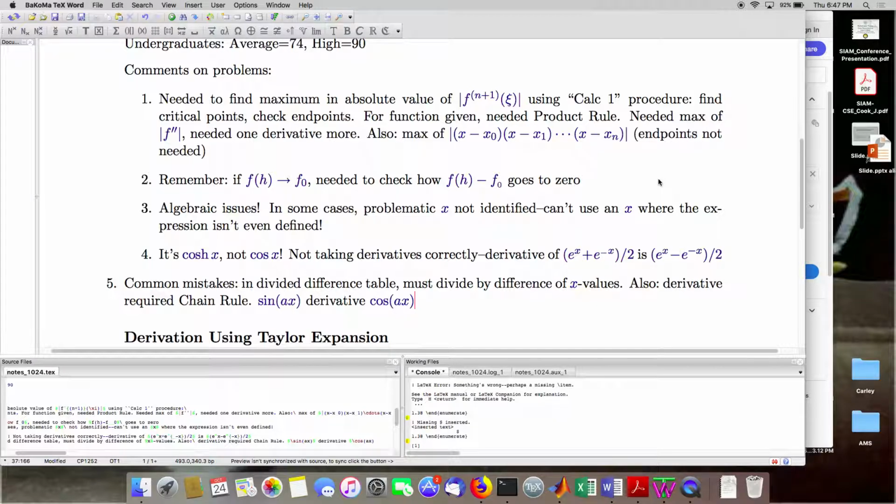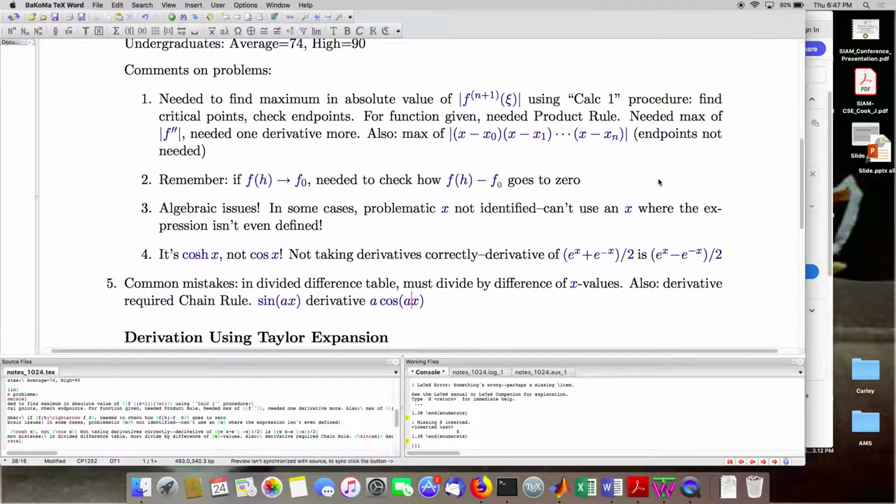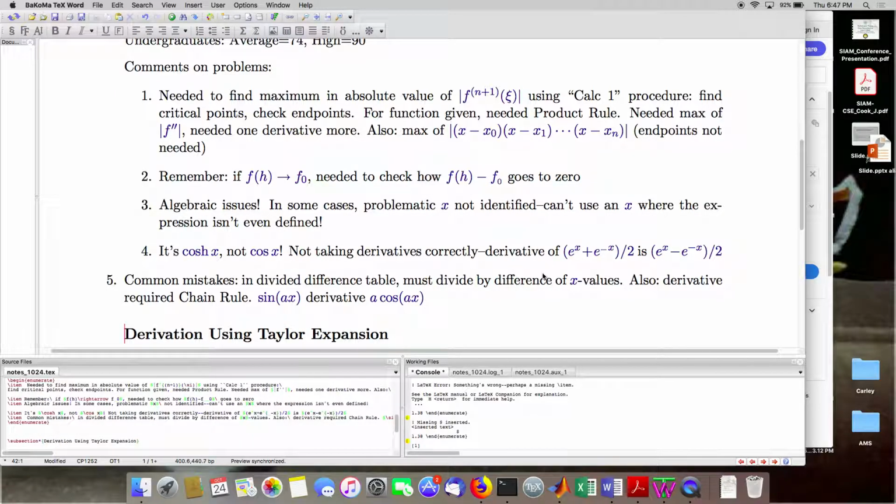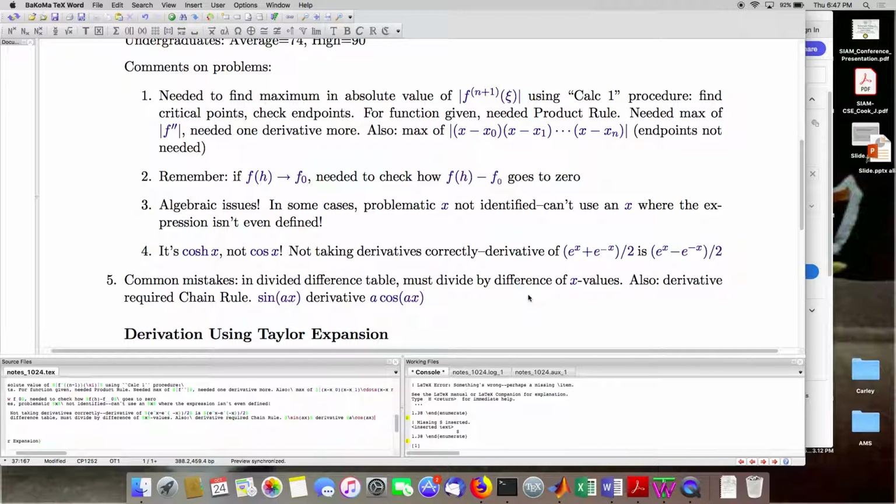I have to multiply by a. I'll put it out front. So in certain cases, that was forgotten.